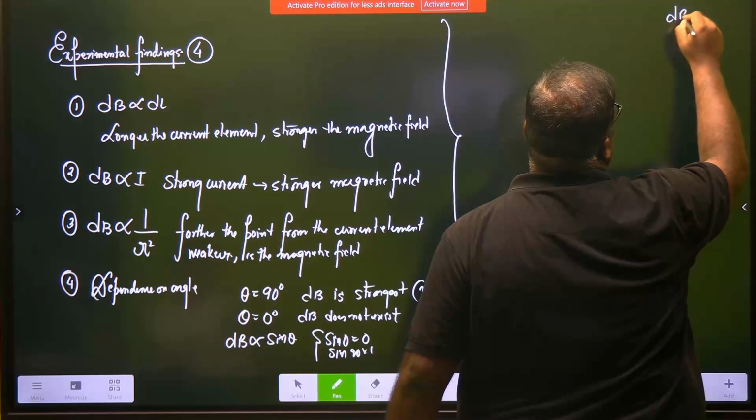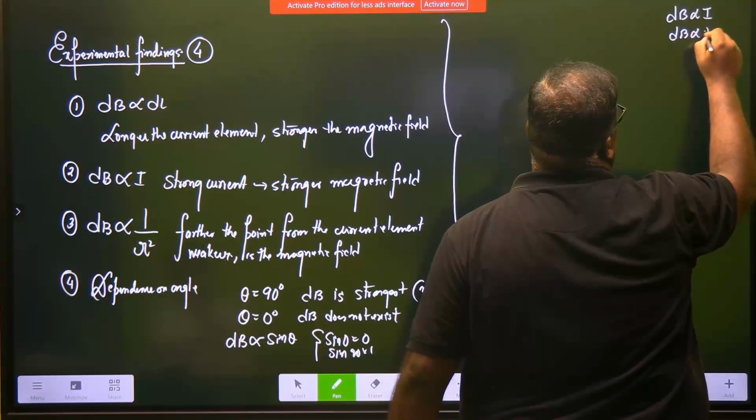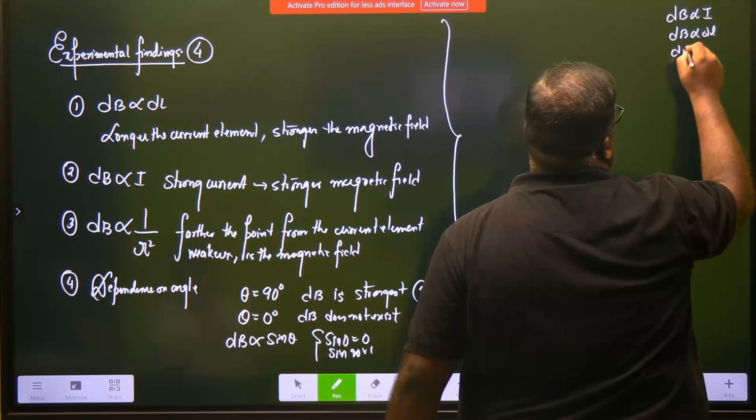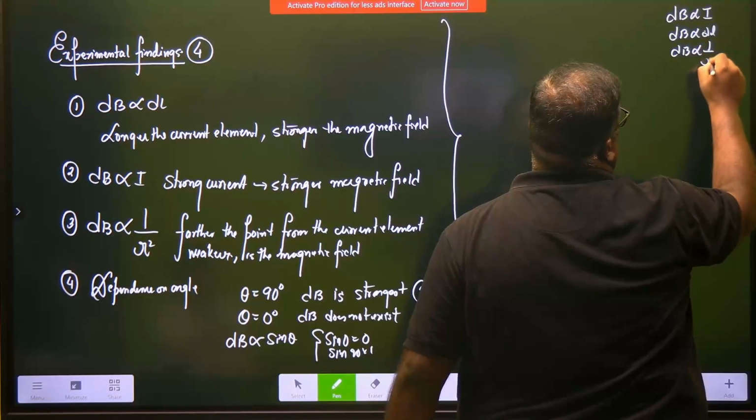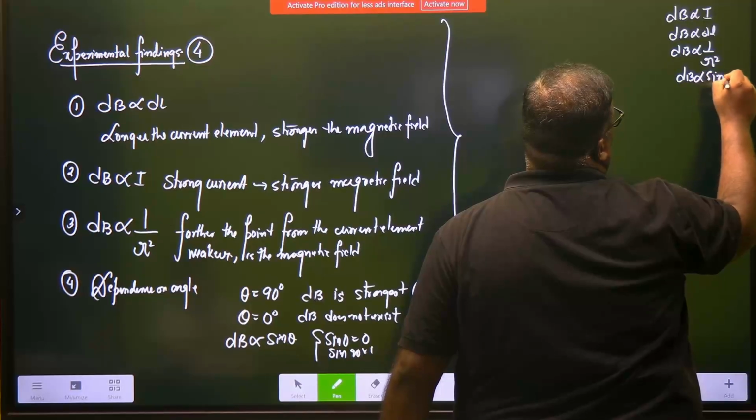Let me mathematically write down whatever we said. dB is directly proportional to I, dB is directly proportional to dL, dB is inversely proportional to 1 upon R square, and dB is directly proportional to sine theta.